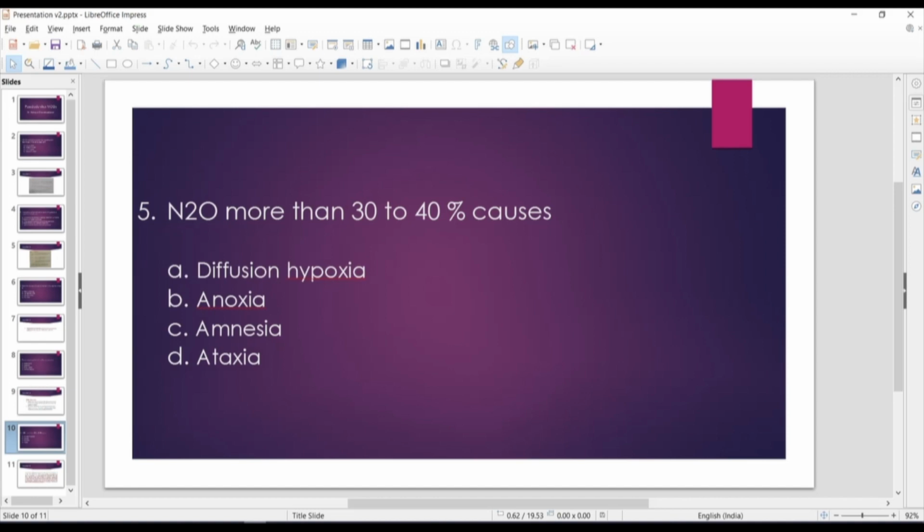It is used for conscious sedation for children. So let's see some of the pharmacodynamics of nitrous oxide. What does this cause?